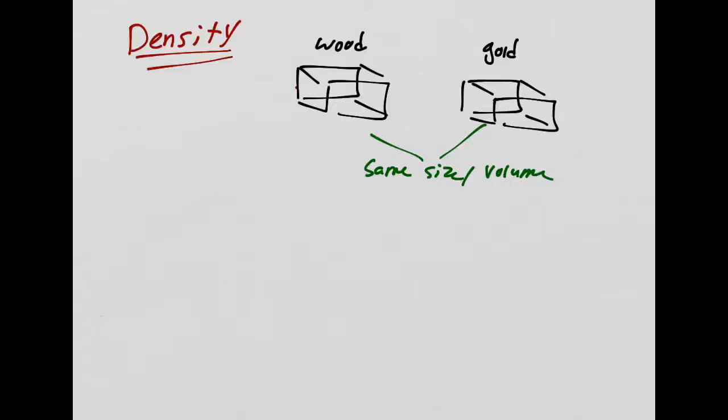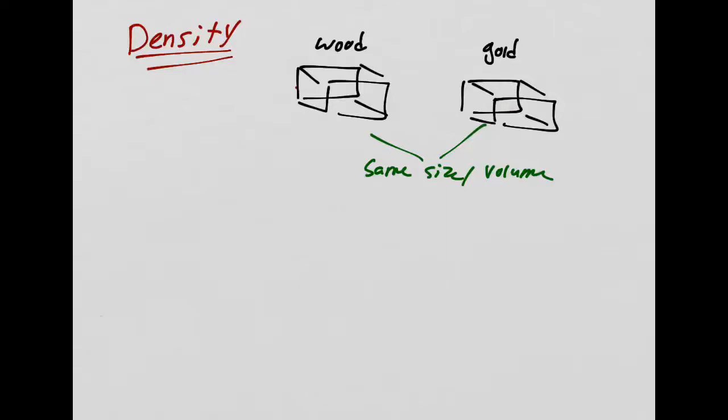But one is made of wood, one is made of gold. Which one is denser? The gold one is denser. This is going to be a lot heavier, even though they're exactly the same size. It is heavier because you can pack in more gold atoms in a given volume than wood. So that's density. That means mass over volume.